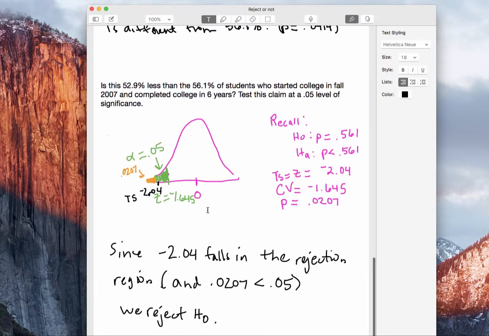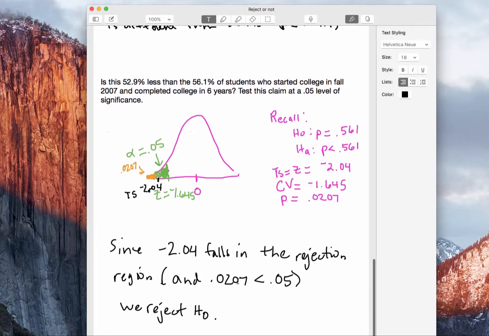All right, so last problem, we concluded that we'll reject the null hypothesis again. Coincidentally, all of that happened. Let's write our conclusion.